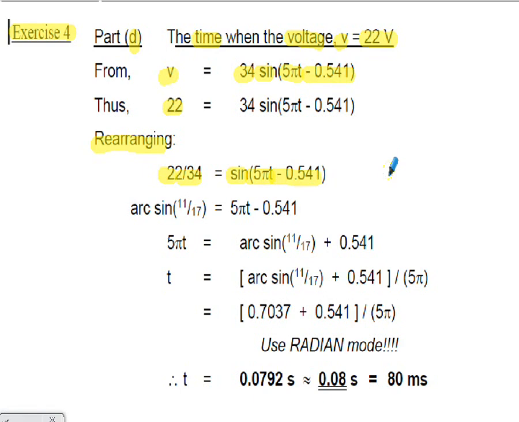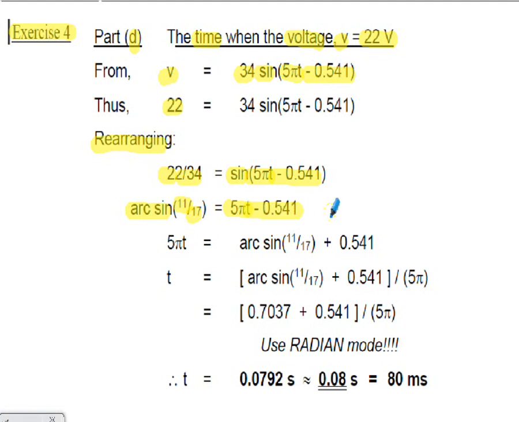On the next line I take inverse sines of both sides of the equation. I've called that arc sine here, but arc sine is sine to the minus 1. I've cancelled down the 22 upon 34 to write 11 upon 17. So on the left hand side, sine to the minus 1 of 11 divided by 17 is equal to 5 pi t minus 0.541.